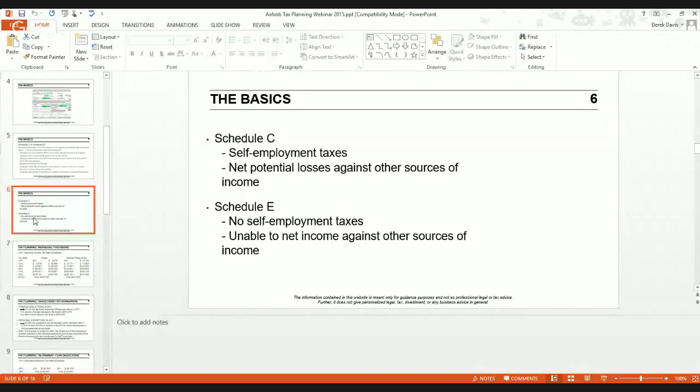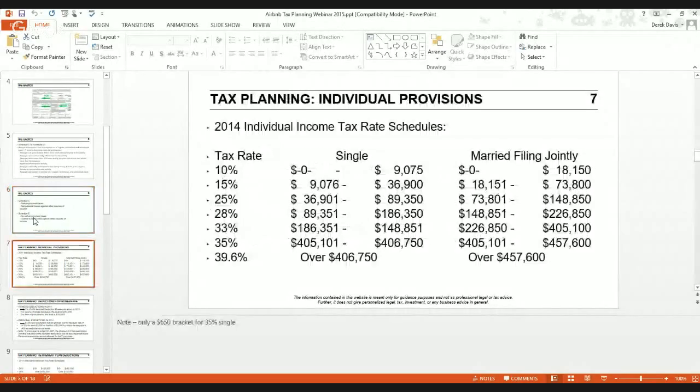So on to tax planning. Here are the individual tax rates and how much you make per bracket. The important thing to note when figuring out tax planning is that if you're on the border of, say, 36,900 or 36,910, there's a very small differential that you'll make, but it'll push you into a much higher tax bracket.